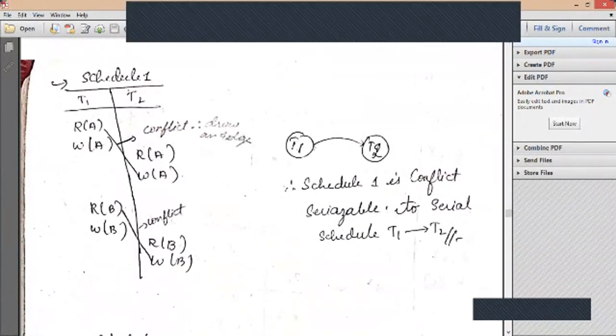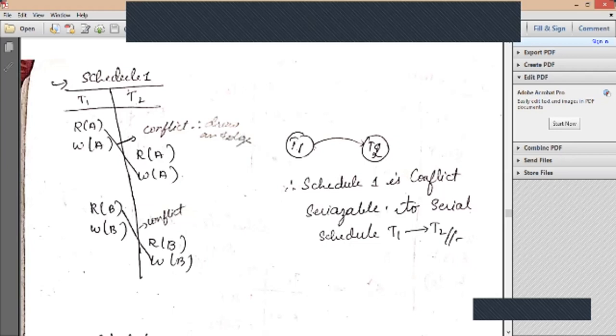Now in transaction T1 we are reading a value, writing a value, then again reading a value and writing a value. After reading in T1 we go to T2, and this is a conflict. So whenever there is a conflict, we draw an edge here.